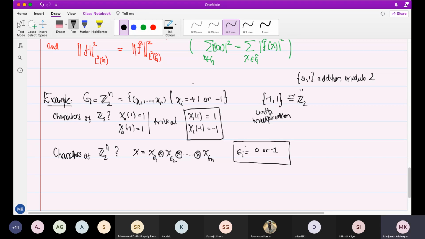I take one character for each of these product parts, either the trivial character or the non-trivial character. What is chi of x1, x2, up to xn then? Let S be the set of all i such that epsilon i is 1, that is, the coordinates for which we take the non-trivial character.